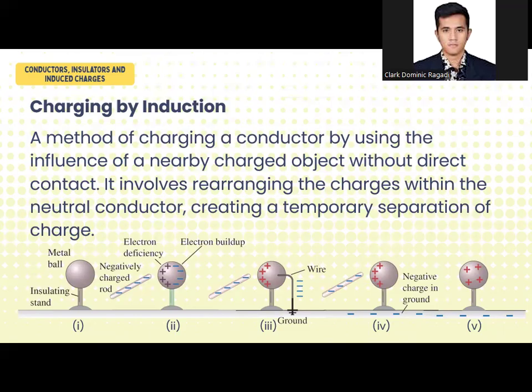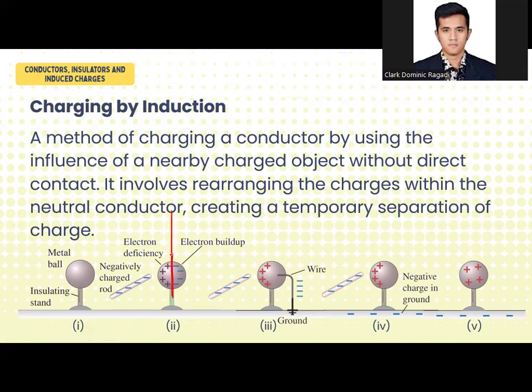For example, in figure I, you have a neutral metal ball, meaning the number of its positive and negative charges are equal. Once you put a negatively charged rod near that neutral metal ball, the charges within the metal ball will be polarized.